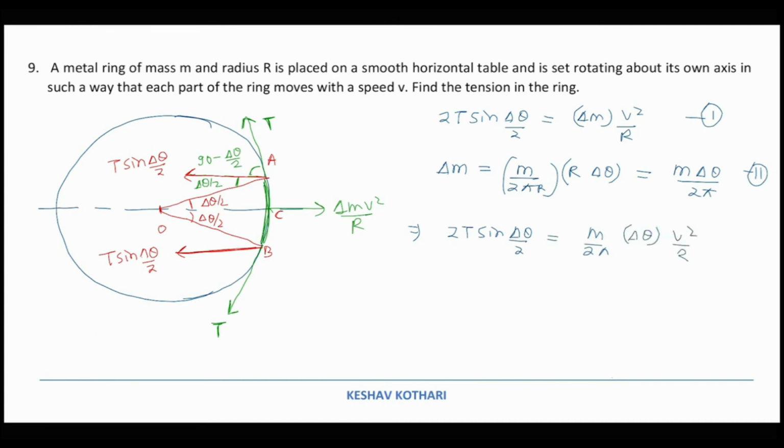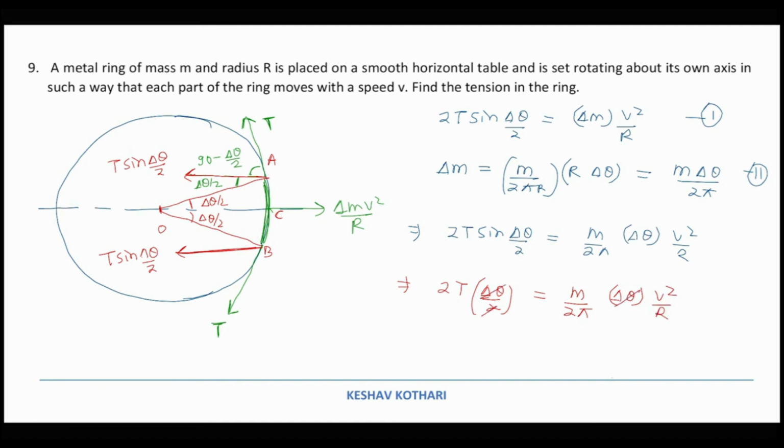Now for very small angles, we can say that sine theta is approximately equal to theta. Using this approximation, I am writing 2T delta theta by 2 equal to m upon 2 pi delta theta v square upon r.